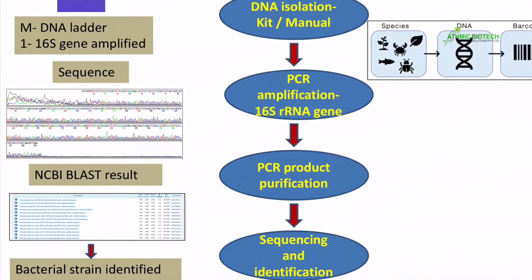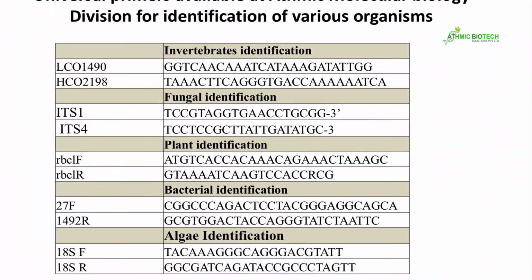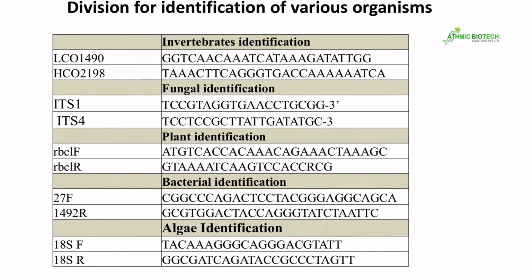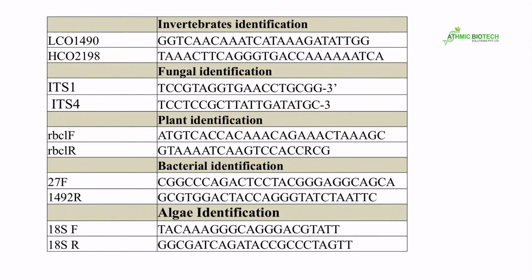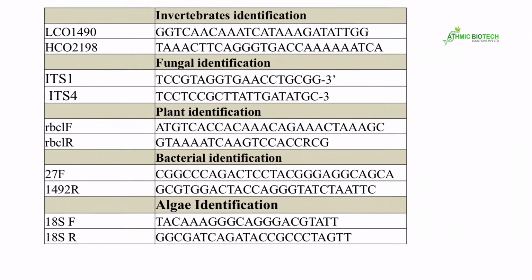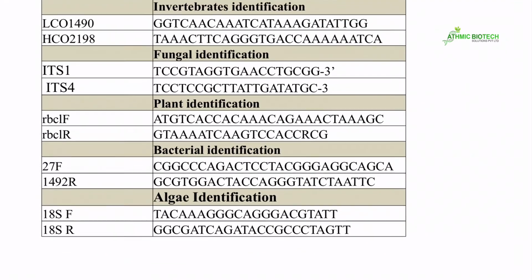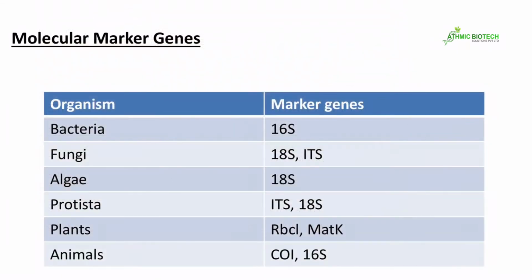So in short, molecular markers are the foundation of molecular identification. Mitochondrial DNA in higher organisms, and ribosomal DNA, rDNA, in lower organisms, are species specific and can be used as molecular markers for species identification.